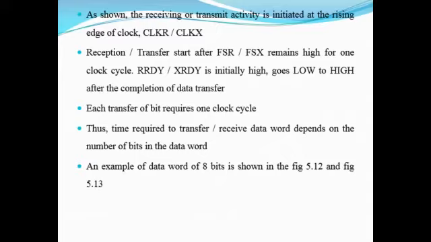And these two are the signals based on which we can identify whether the signal is transmitting or receiving, that is CLKR and CLKX. CLKR refers to the clock which is receiving the data, and CLKX to transmit the data.